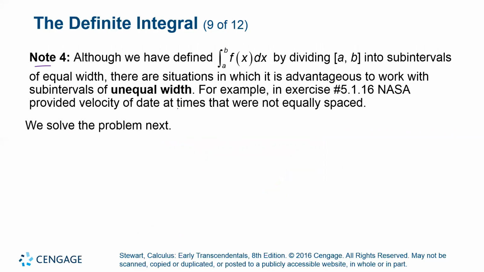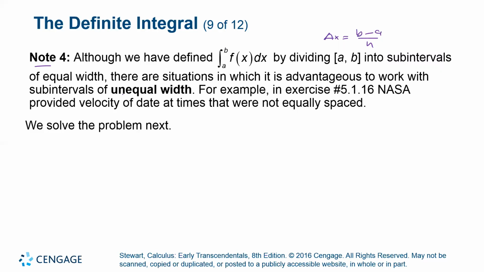If you consider a situation where, remember, for using the Riemann sum, we said that each rectangle has equal width, which is given by delta x, and that is b minus a over n, where n is the number of subintervals or rectangles.